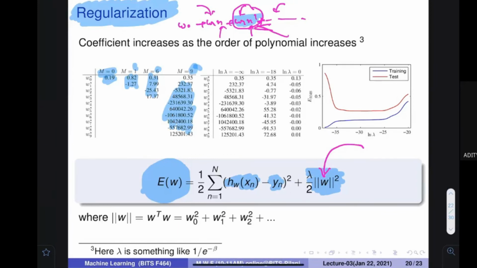Because if the weights are very large, the corresponding feature attribute would be very much dominating, and the other features don't have much say in the classification. So that's why we sometimes add one more term, and that term is called the regularizer term. And if you apply the regularizer, then these values are not going to increase.